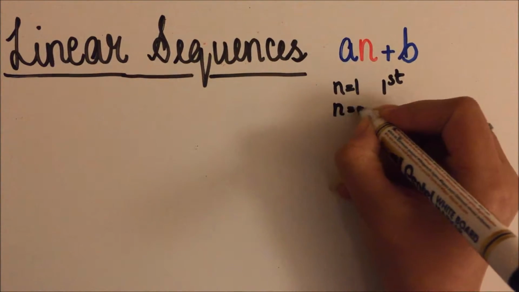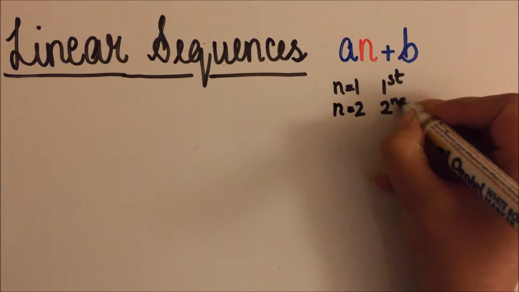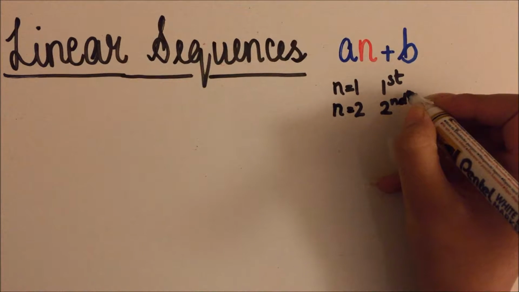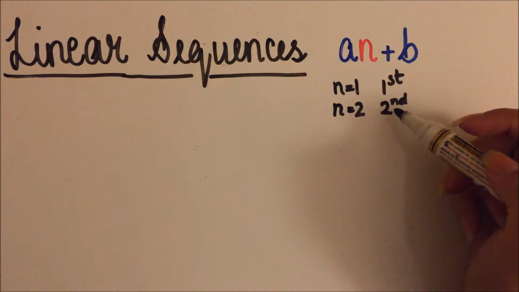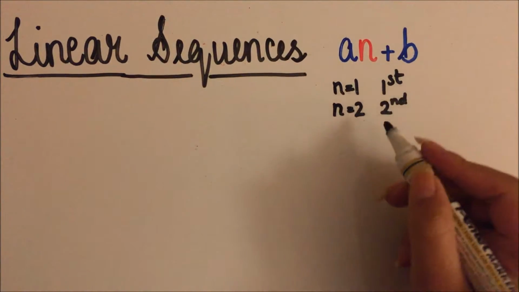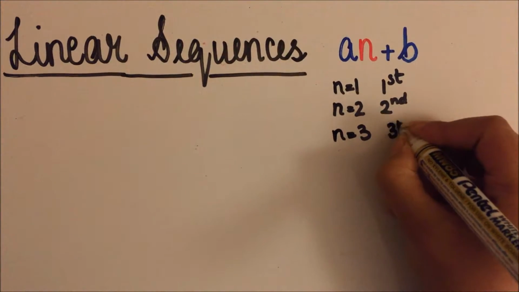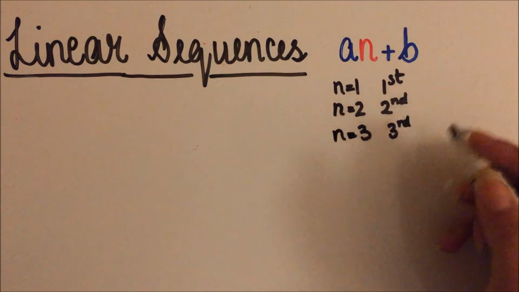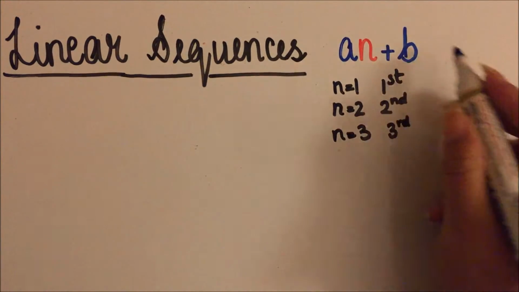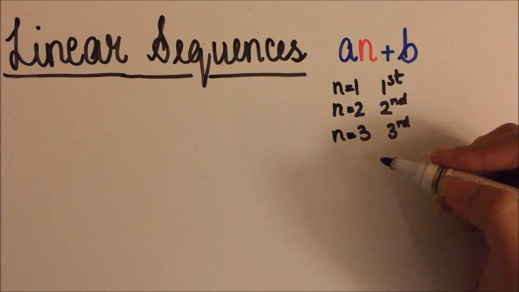If you plug in 2, it should give you the second value, which should be the second term of the sequence. If you put n equals 3, it should give you the third value, which is the third term of that same sequence.